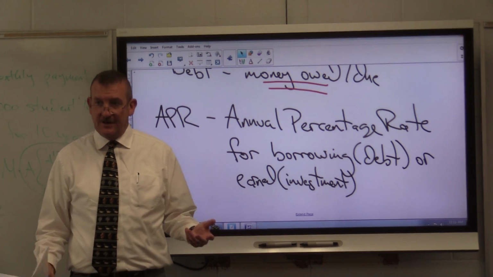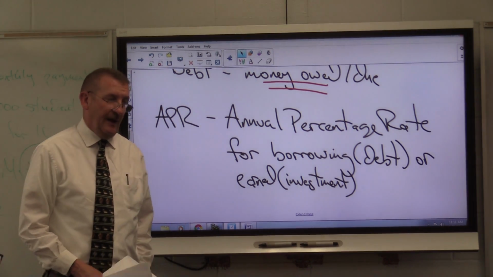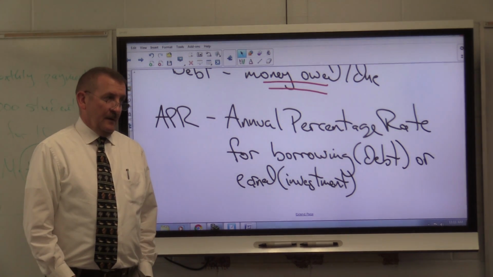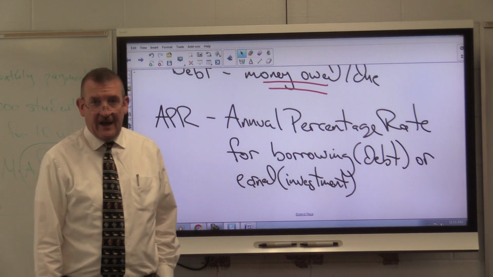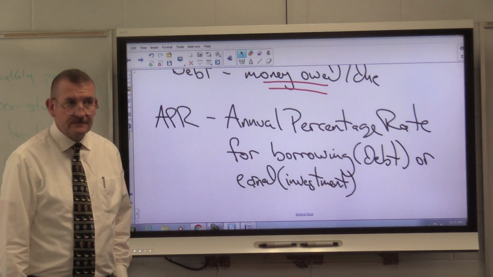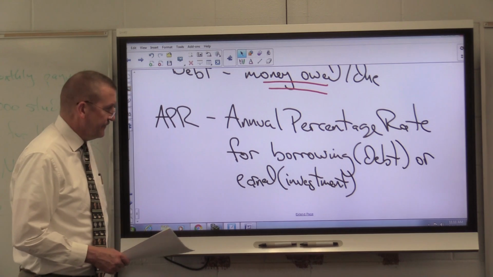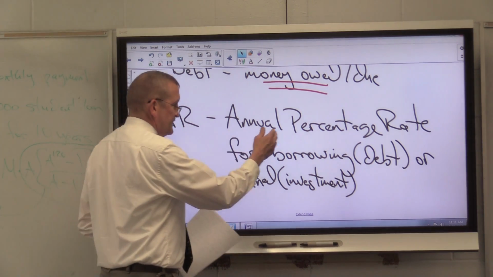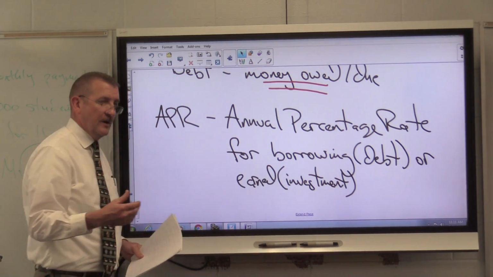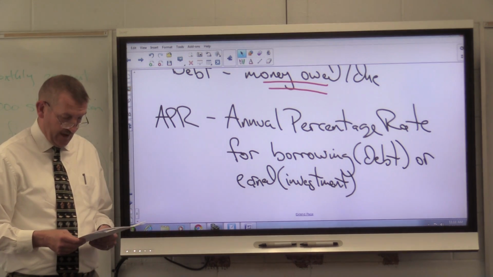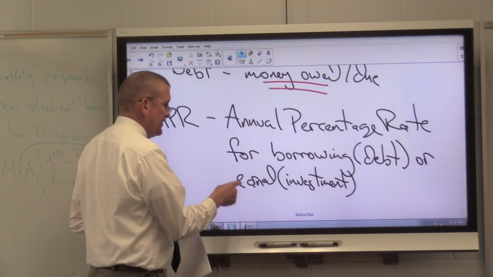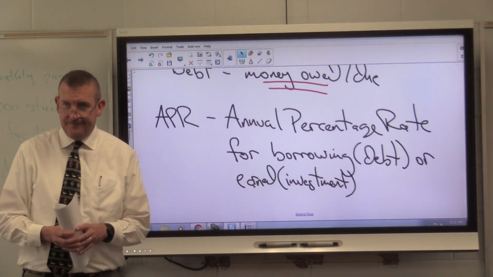And again, it doesn't necessarily have to be a 401k, which is a retirement fund. It could be a 529, which is a what? College fund. Okay? So APR is the annual percentage rate for borrowing or earning. Okay? Now, let's think about APRs for a minute.